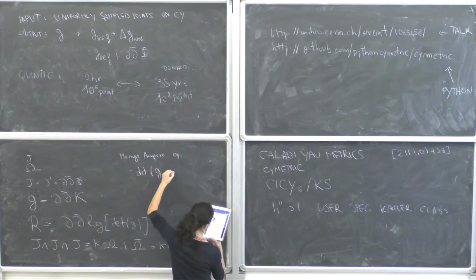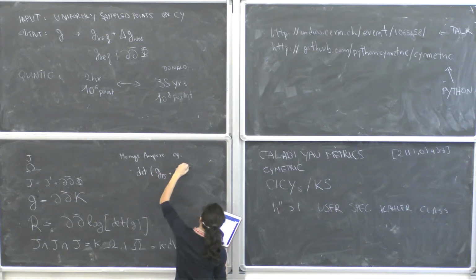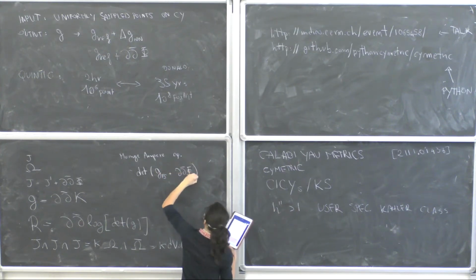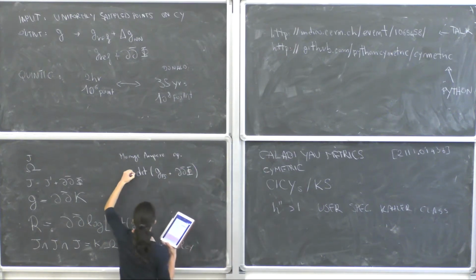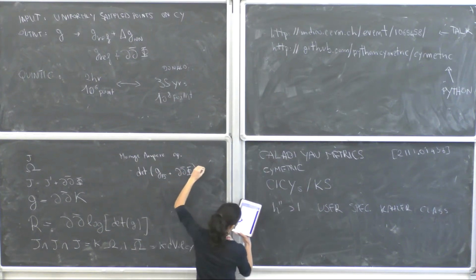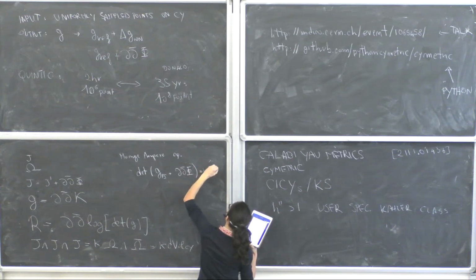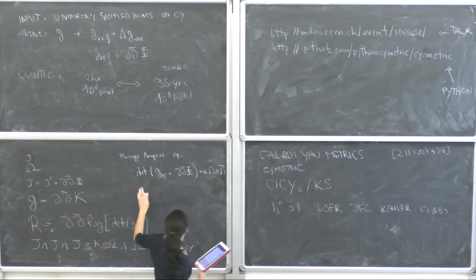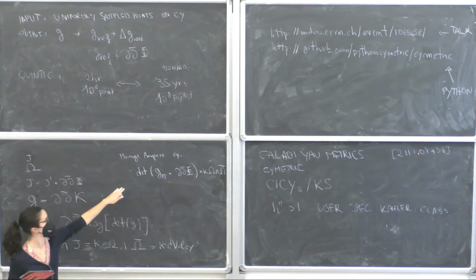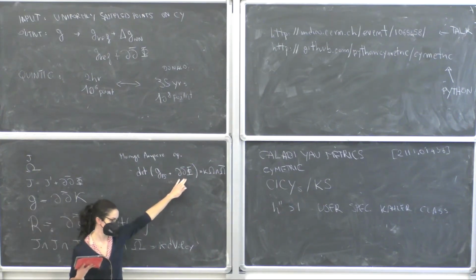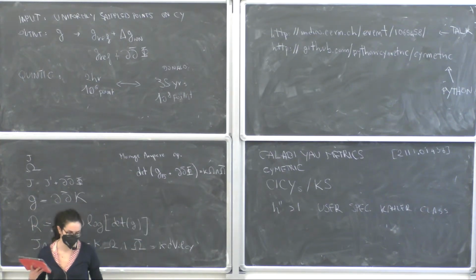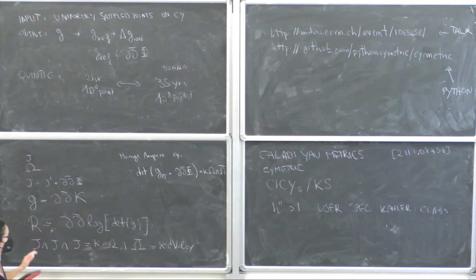Let's pretend that we are just looking at CICYs. Okay, fine. If they are able to solve this, this is an implicit partial differential equation for phi, and if you're actually able to solve it, you automatically find the correction to your Kähler form, which gives you a Ricci flat metric.